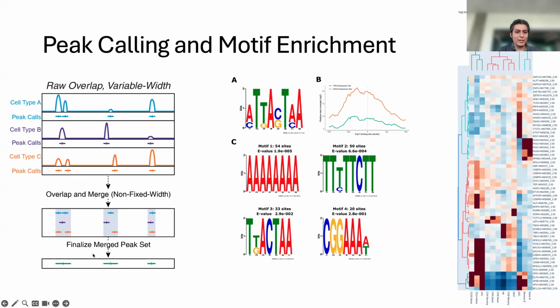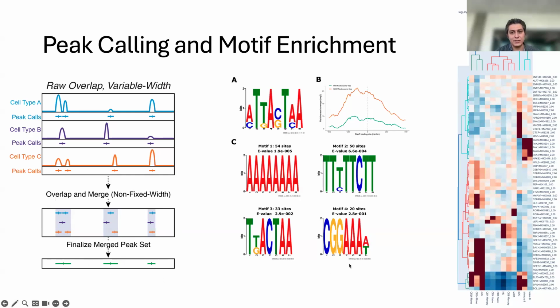The way that these end up being called depends on the specific algorithm, where here they call it overlap and merge. This is a specific algorithm that each tool will apply, and you just kind of have to choose the one that makes the most sense for your given data set. I've left mine at the SnapATAC and MACS3 defaults. But ultimately, this is what ends up deciding what gets called a peak, what doesn't get called a peak, and then merges everything together when it's all done.